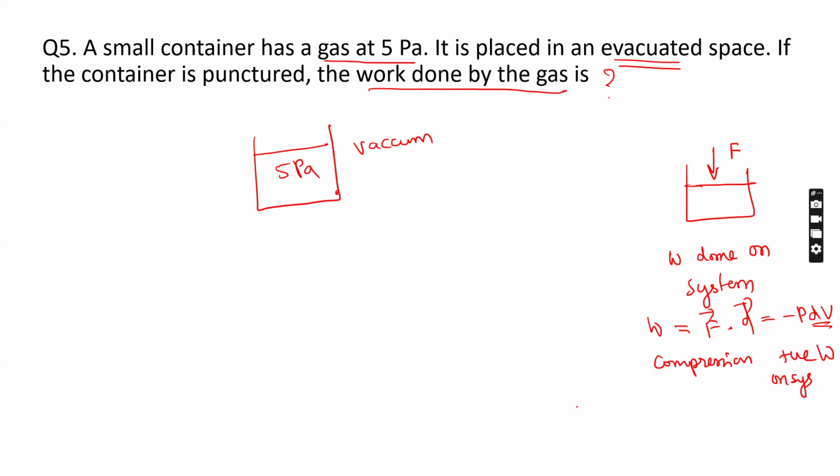So compression is positive, and for expansion, it is negative work on system. Here we understand that because of the external pressure, the work is done on the system. When it is completely vacuum outside, there is no force from outside. That's why here the work done is 0.